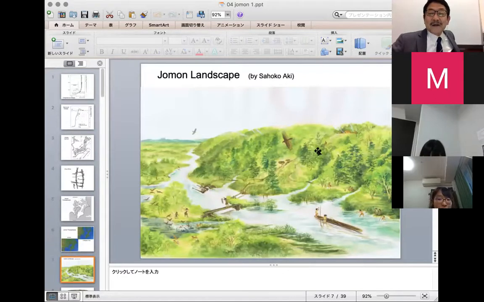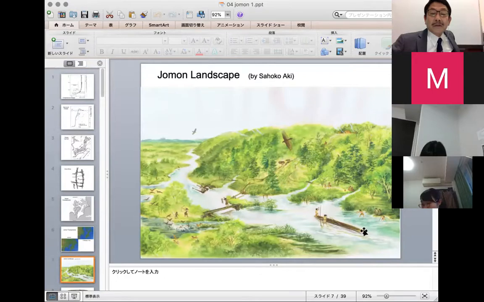Up the hill, up the bluff, the top of the bluff. This is where you are starting. This is the ICU area, the top of the bluff. And you see several houses. It's the village of the Jomon period. And you have roads that go down to the river. And also you will see springs, water sources, a lot of them along the river.